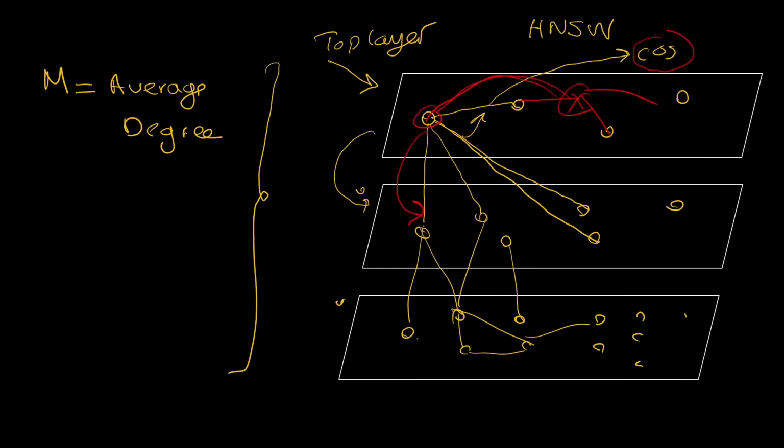What that means is x here is a query, and it figures out that this particular node is the closest to it in terms of maybe cosine similarity. It will go to this node and follow the path based off of the edges that it has to all the other nodes in the second layer. Then it zooms in and does the same thing. It finds the closest vector based off of some distance metric that you specified, and then follows this path.